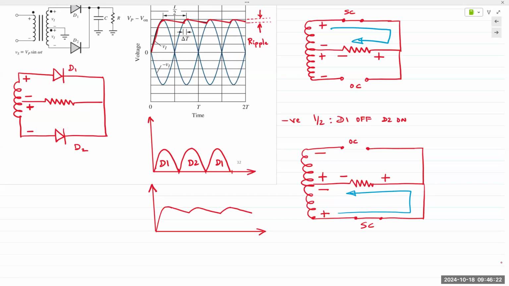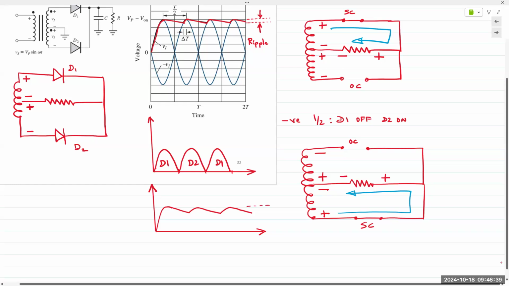So a capacitor has now filtered out the output, and hence this is also known as filtering. The capacitor is also referred to as the filter capacitor, because it's filtering out the AC ripple from the waveform. Your average DC value of the waveform would be somewhere here.